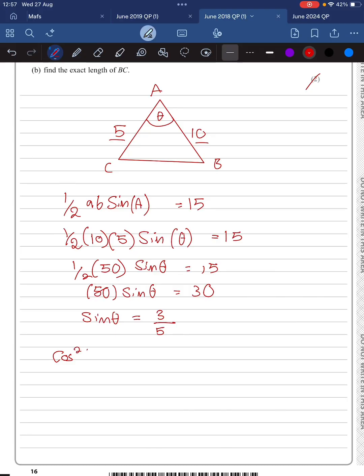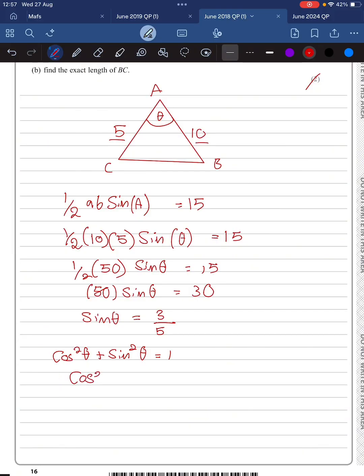So cosine squared theta plus sine squared theta is equal to 1. In this case, we're trying to find out what cosine is. So we'll just find out what cosine squared theta is and then square root to find cosine by itself.